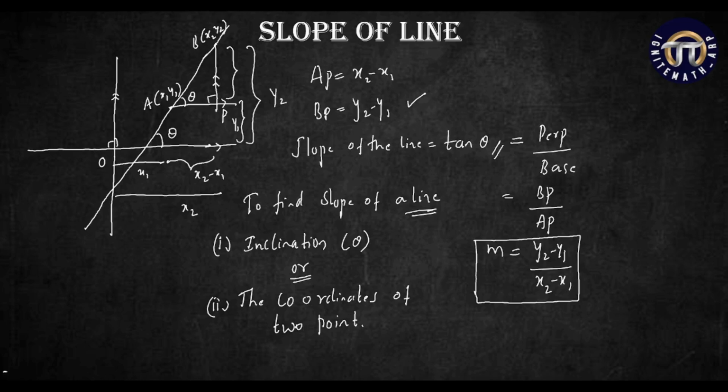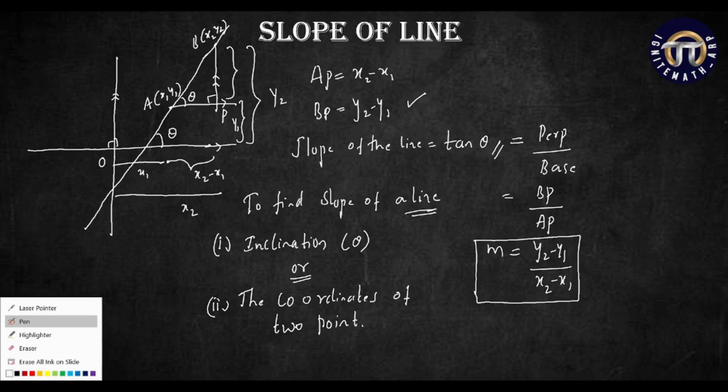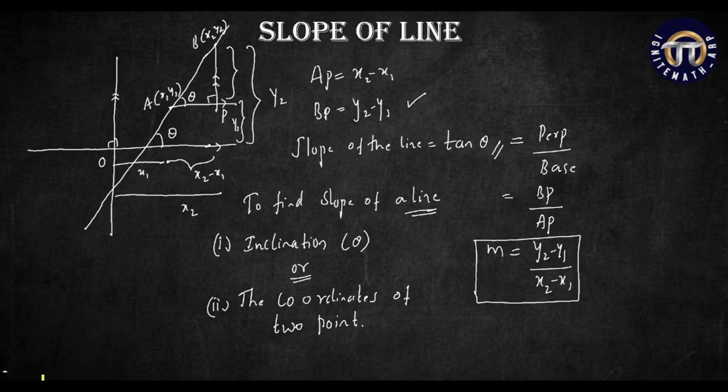If I am aware of this data, I can easily find out the slope of a line. So isn't it easy, children, to find out the slope of a line? Very simple, children, very simple. I must know theta or I must know coordinates of the 2 points to find out the slope of a line. Is it clear, children?